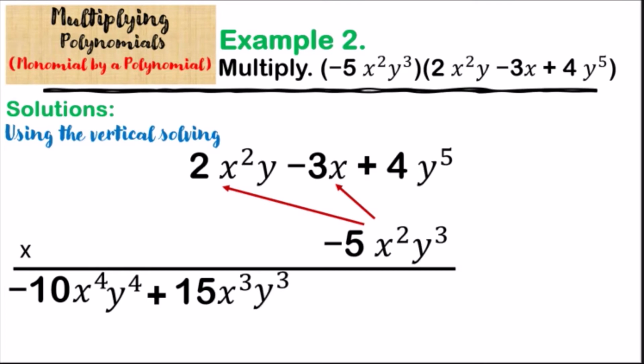And multiply the monomial to the 3rd term of the polynomial. That is negative 5 times 4 is negative 20. Just simply copy x squared because we do not have literal coefficient here as x. And multiply y raised to the 3rd power times y raised to the 5th power, that is y raised to the 8th power.